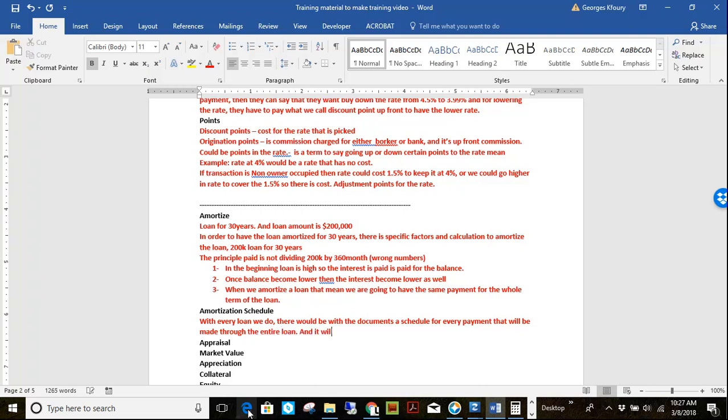It will show how much is the amount paid to the principal and the amount paid to the interest from every payment until the loan is paid.